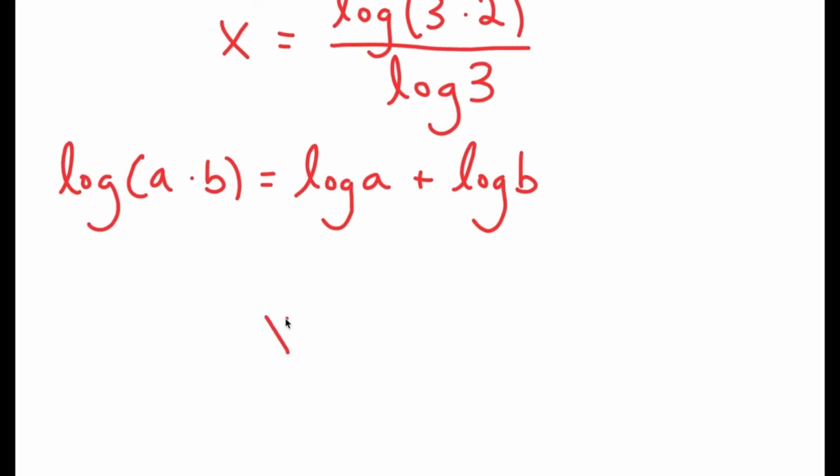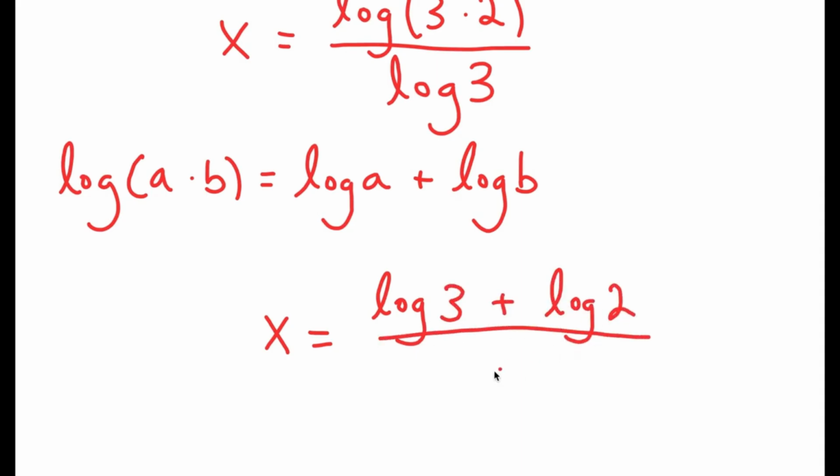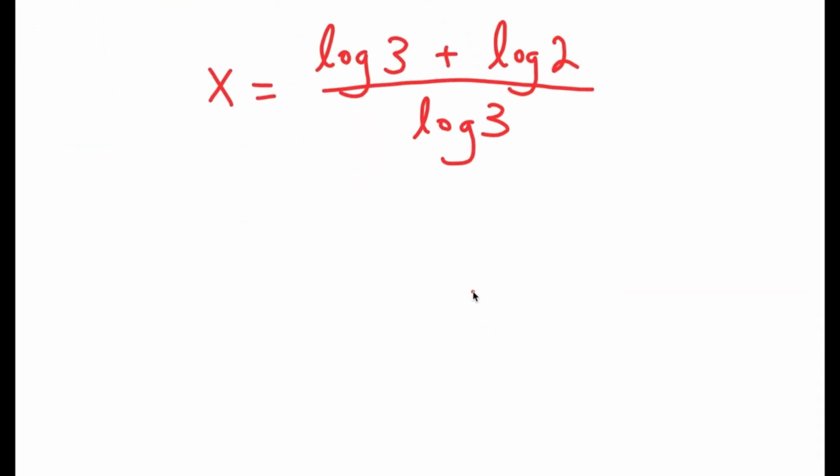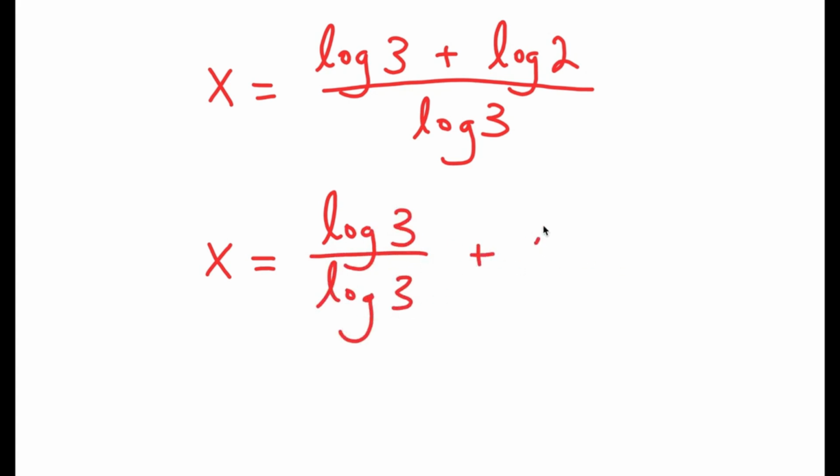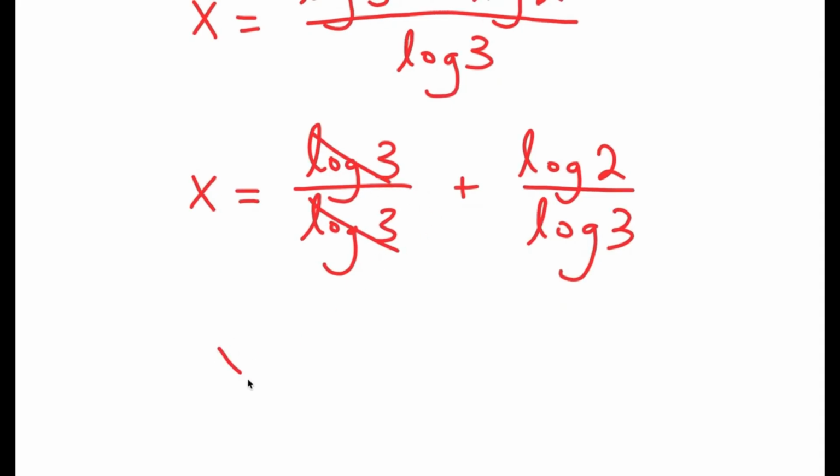So log of 3 times 2 is equal to log of 3 plus log of 2, and I have this over log of 3. So now this turns into log of 3 over log 3 plus log of 2 over log 3. And now these two cancel out, so I get x is equal to 1 plus log of 2 over log of 3.